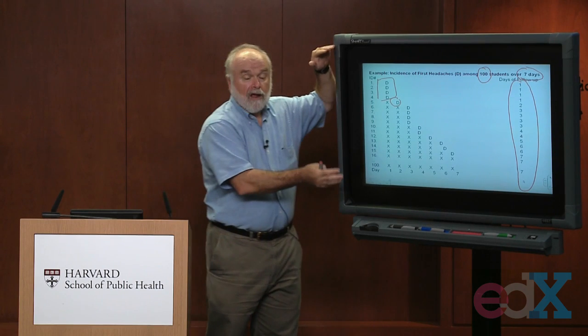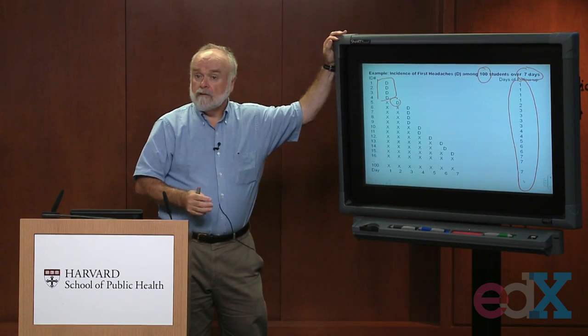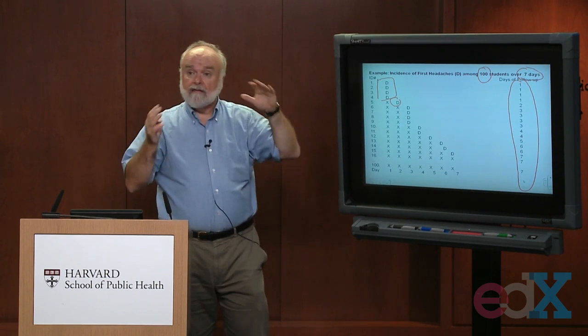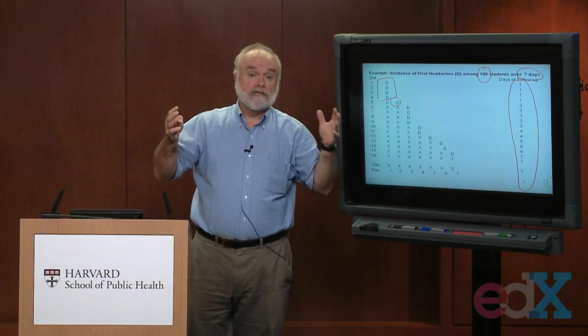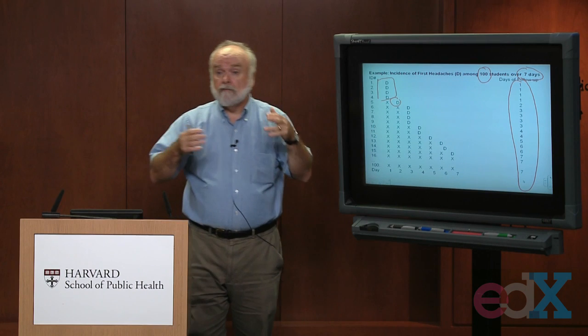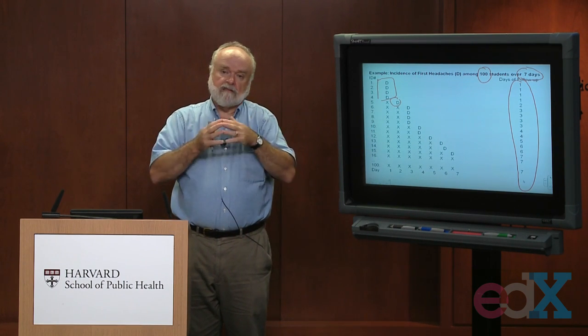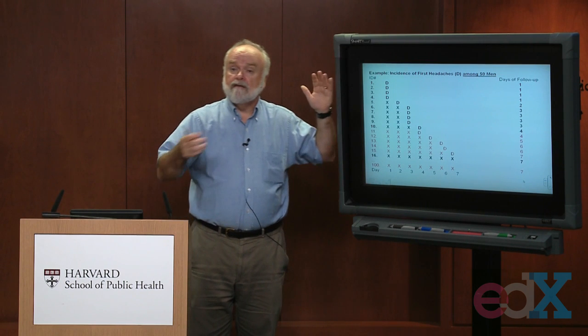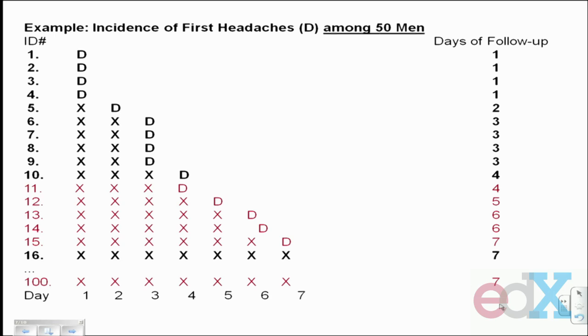So what I could do is break these data down into 2 groups: the data describing the incidence of headaches among the males in my study and the data describing the incidence of headaches among the females. Let's suppose it just turns out that there were 50 men and 50 women in this study. The black ink corresponds to the 50 men who are in our study of our 100 students.